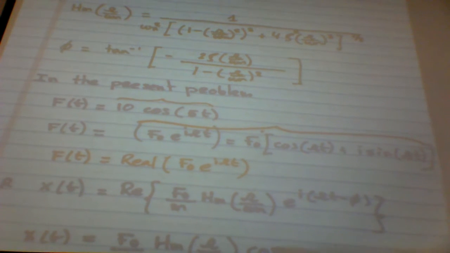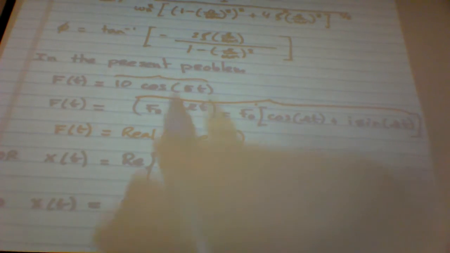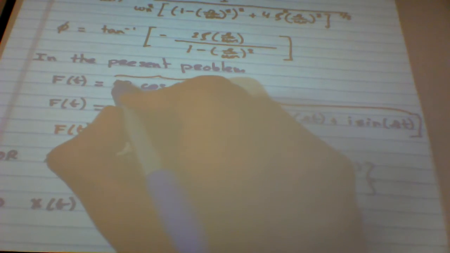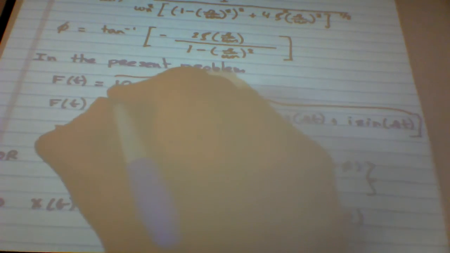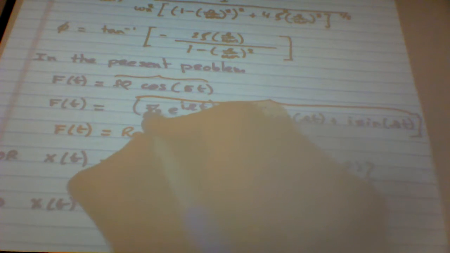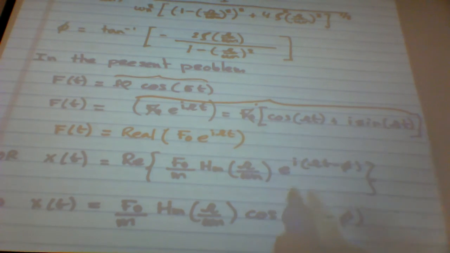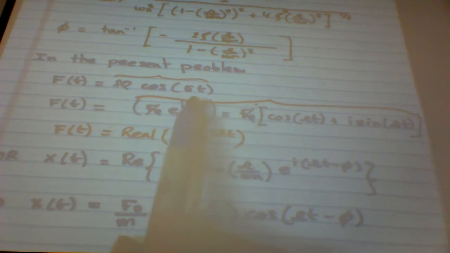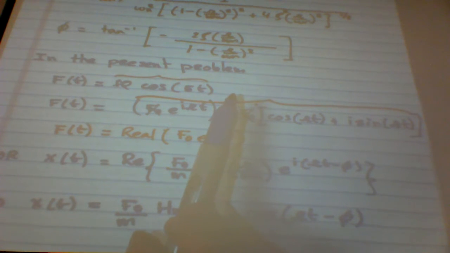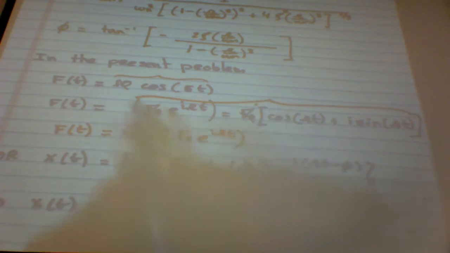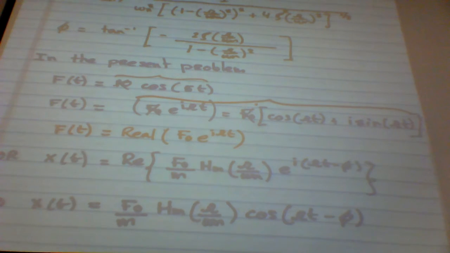So what will the real part be equal to? Cosine of omega t minus phi. So maybe here I don't want to create any confusion, so just put here F, eliminate the 10 because it's creating confusion. What I'm just trying to show is that you need to look at the real part of the solution, not at both of them. So you want to eliminate this and this.